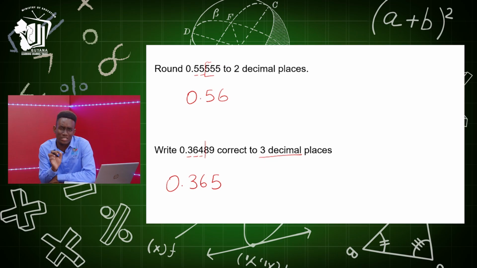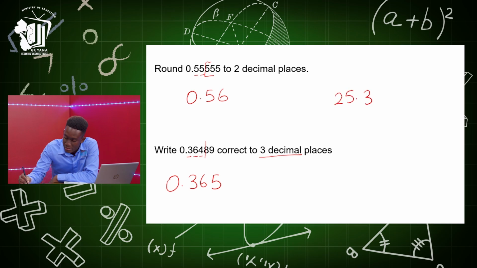Let me do one more example. Let's say I had the number 25.3214, and I want to write this correct to 2 decimal places. Of course, I count 2 digits after the decimal point, 1, 2. Then I look at the next number, which is 1.